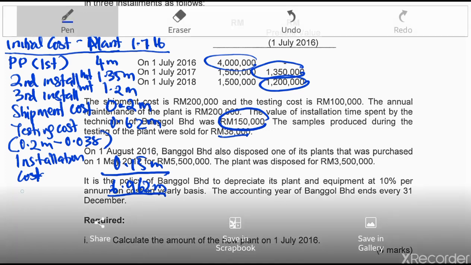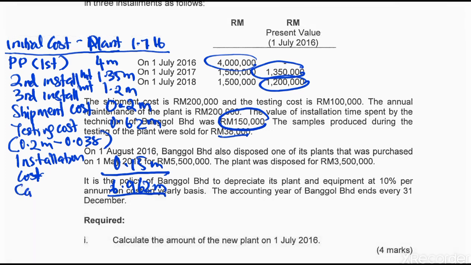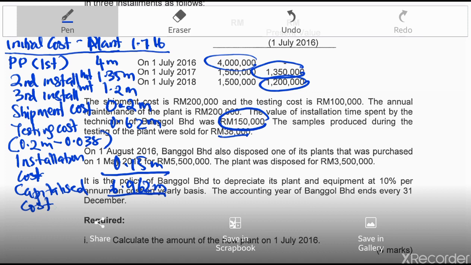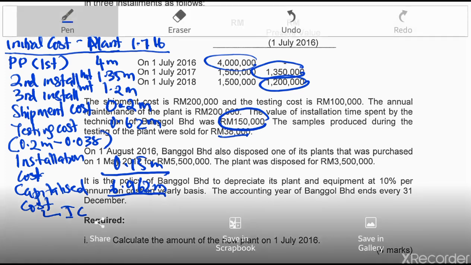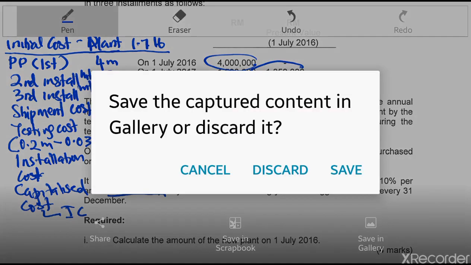So these are your initial costs that you will capitalize. And this capitalized cost is what you call initial costs. Next, so we are done with the part on initial costs, and that was for 4 marks.